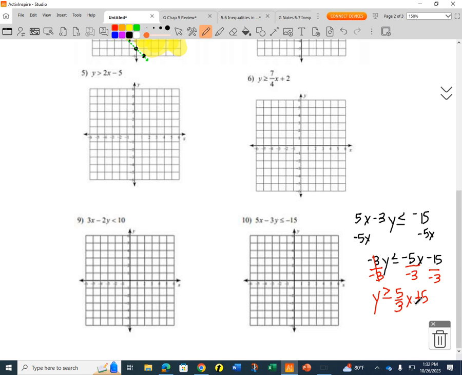Does that make sense to everyone? Now we're going to graph our boundary, which just means graph the line. So we start with the y-intercept at positive 5. And now we're going to use the slope. What's the slope of this line? 5 over 3, 5/3. So this wants us to go up 5 and to the right 3. Can we do that here?